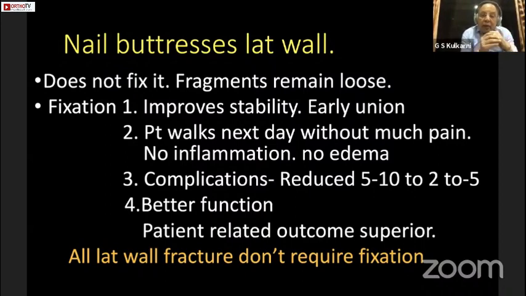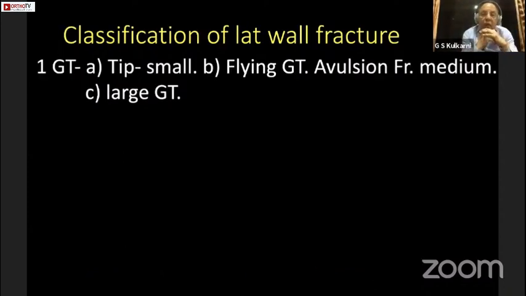However, not all lateral wall fractures require fixation. For this, we need a good classification. With our experience, we developed a classification of the lateral wall. I include the GT also in the lateral wall, and therefore the GT fracture has 3 types.